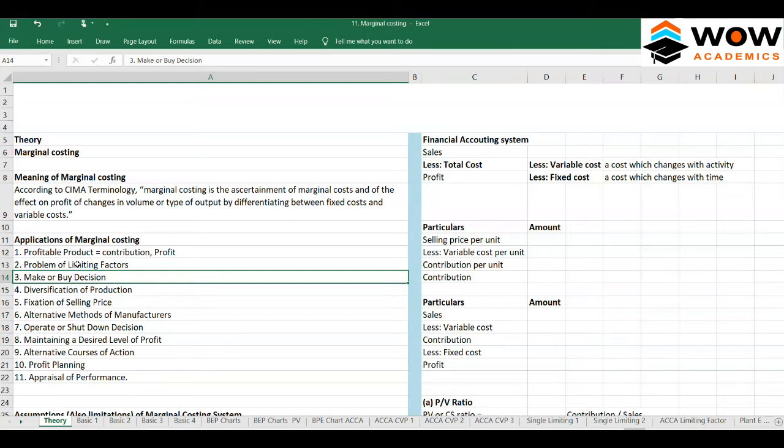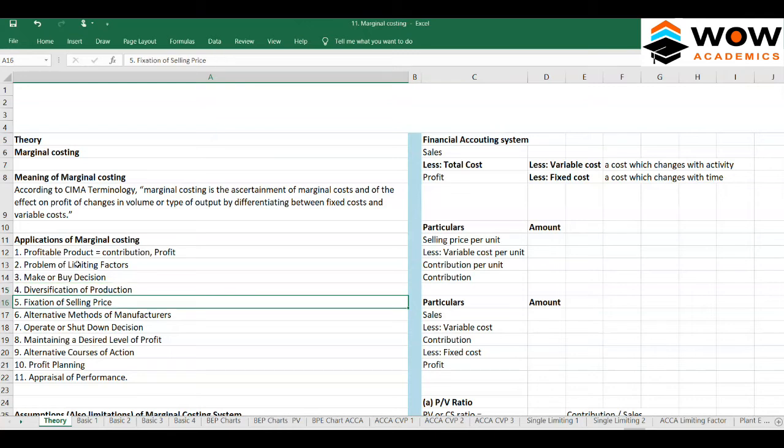Which product should be made and which should be outsourced and bought? Diversification of production: should we produce some other product also in our factory? Fixation of selling price: what price should be fixed and what would be the sales? Alternative methods of manufacturing: assume that you have to buy a machine for manufacturing. Will you buy machine 1 versus machine 2?